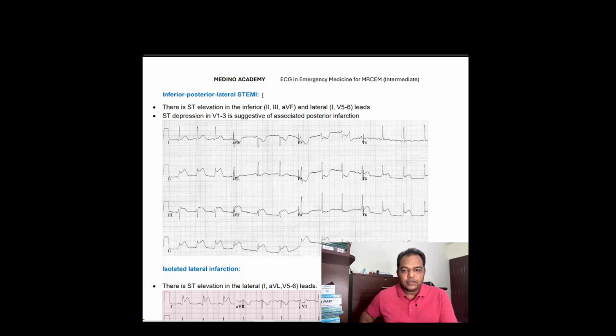Inferior posterior lateral STEMI. So where is the ST elevation? In lead 2, 3, and AVF. So inferior ST elevation is represented by this.